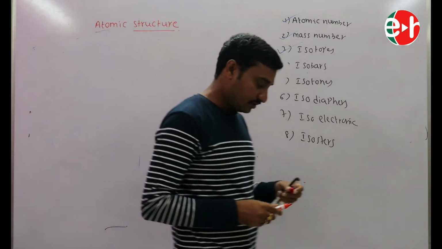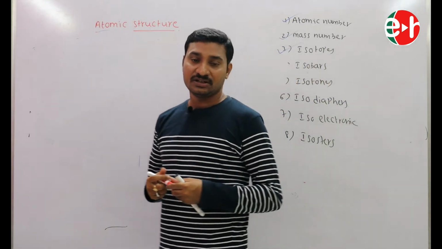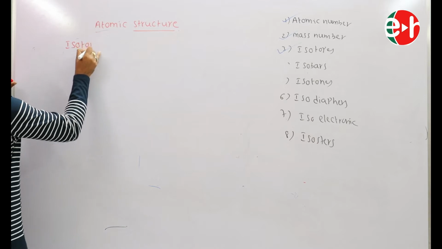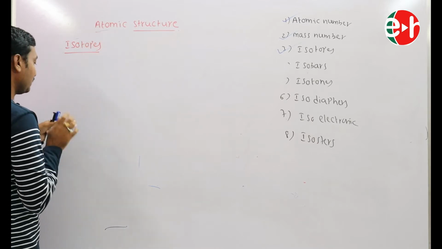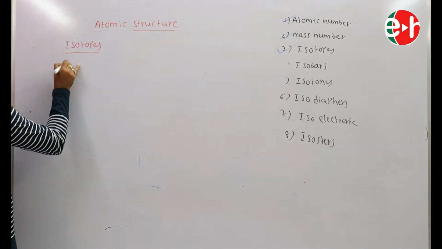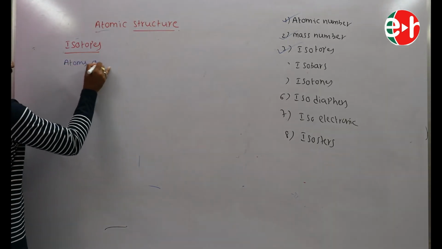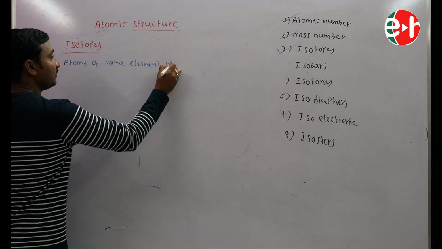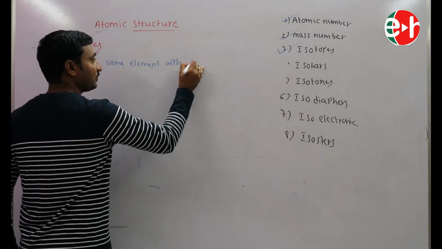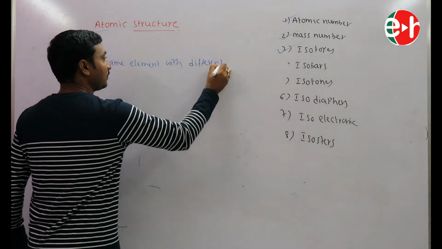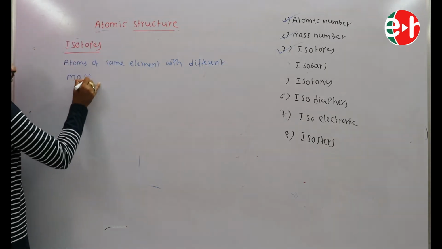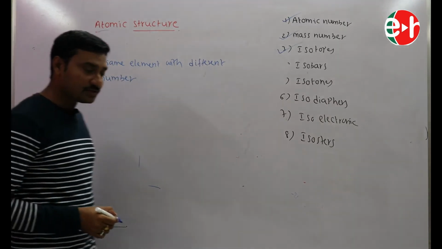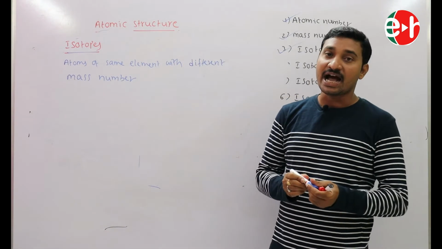Isotopes are atoms of the same element with different mass numbers. Atoms of the same element with different mass numbers are called isotopes.